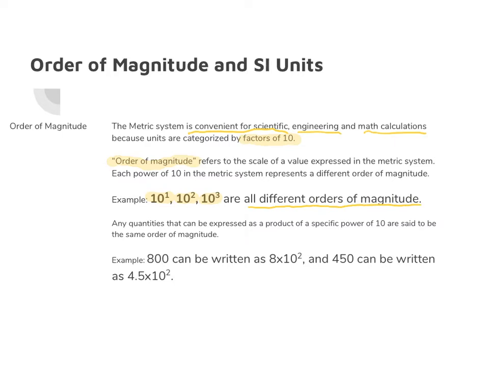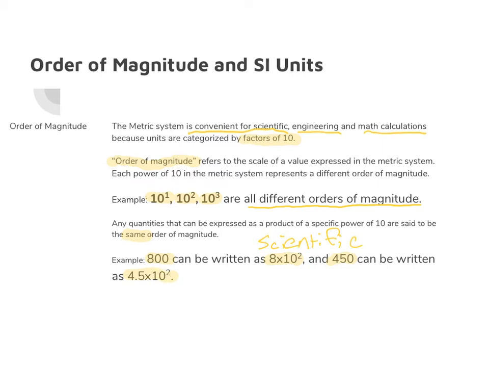Any quantities that can be expressed as a product of a specific power of 10 are said to be in the same order of magnitude. So 800 can be written as 8 times 10 to the 2, in what we call scientific notation. And 450 can be written as 4.5 times 10 to the 2 as well.